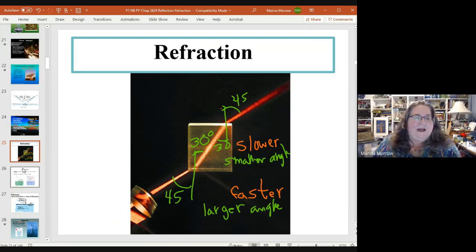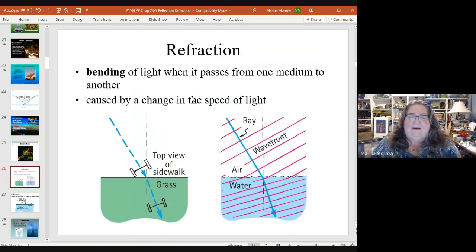Okay, so what are the rules then? Okay, so refraction itself is the bending of light when it passes from one material or medium to another, and that's caused by the change in the speed of light. And there's some illustrations like this that try to get you to understand it.